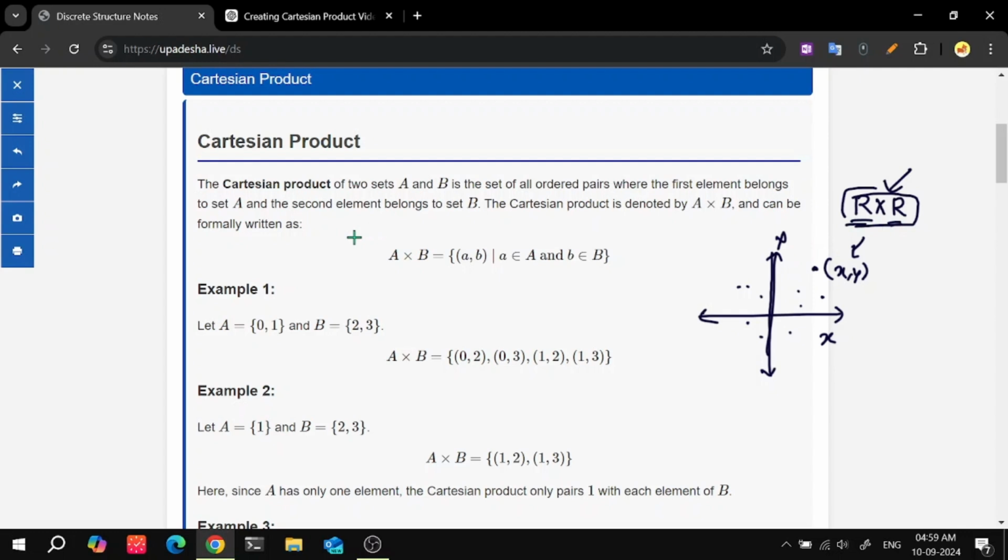Now coming to the simpler concept, that is the Cartesian product of two sets A and B. They can be either finite or infinite.